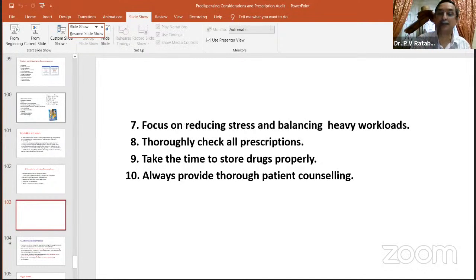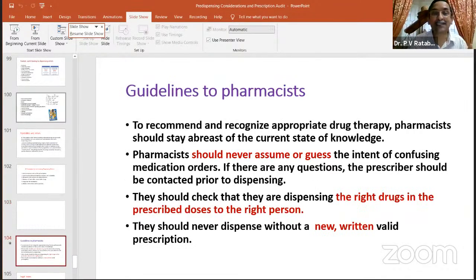Thoroughly check all prescriptions. Take the time to store the drugs properly. And always provide thorough patient counseling. The last one is the most important because now you are no longer only a dispenser, you are a patient counselor also.